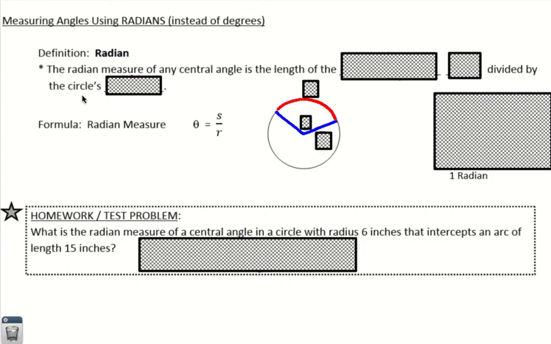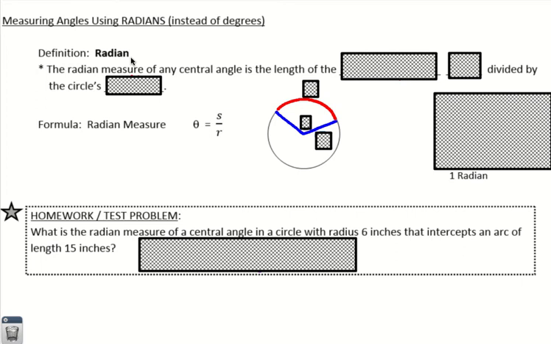Okay. Now we're getting into what a radian is. Now, to give you some perspective, if you were to think about measuring the length of your dining room table, or the length of a piece of rope or something, my point is, you could measure that table in inches, in feet, in centimeters, in yards, in meters.